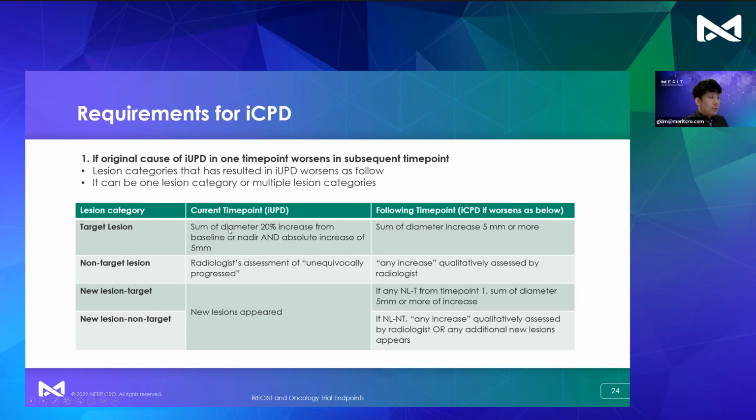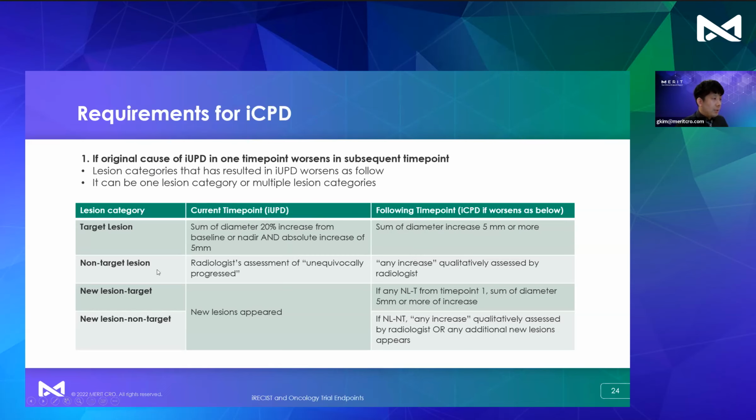If that has happened, and right after that time point the target lesion further worsens, with a sum of diameters increasing 5 millimeters or more, that will cause the ICPD at that time point, the target lesion being the original cause of the IUPD, followed by further worsening of 5 millimeters or more in the sum of diameters.